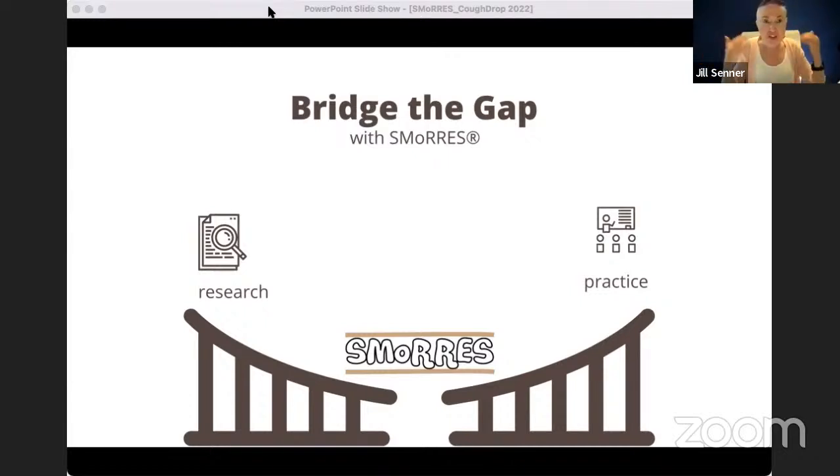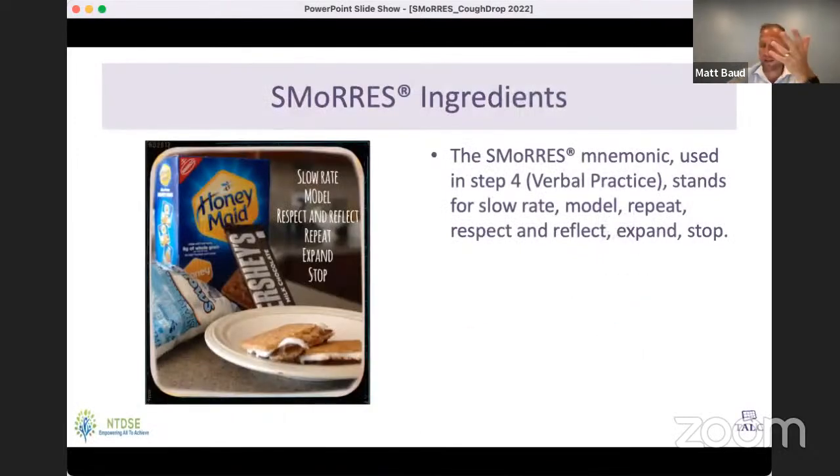Despite the fact that we know that multiple training elements are required for optimal student outcomes, including coaching, this is still not widely done in schools. So think about some of what you are doing, as Jill mentioned. How can we start bridging that gap? Well, I know a lot of you here might recognize the mnemonic of S'mores. I see some familiar names in the Slack.